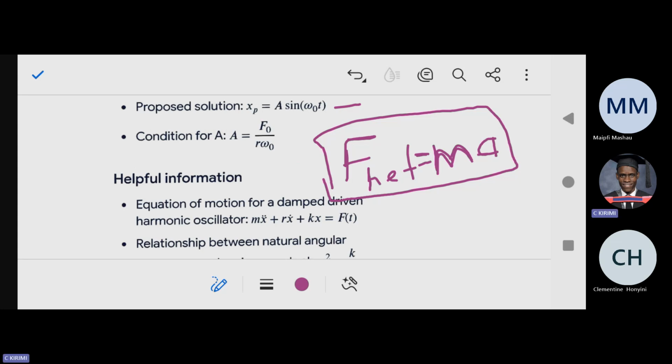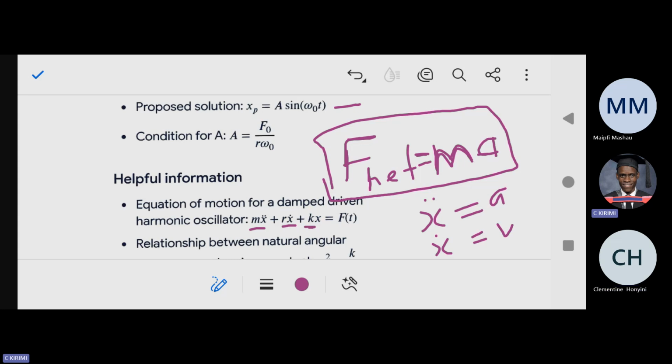So your mass times the acceleration plus R multiplied by the velocity, meaning x double dot is the acceleration and x dot is the velocity. So R times V gives you another force.